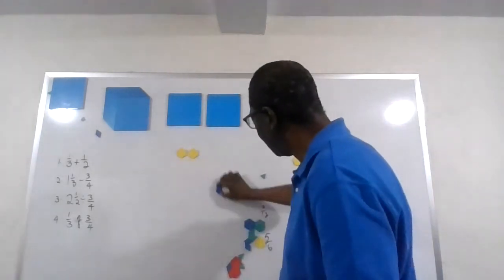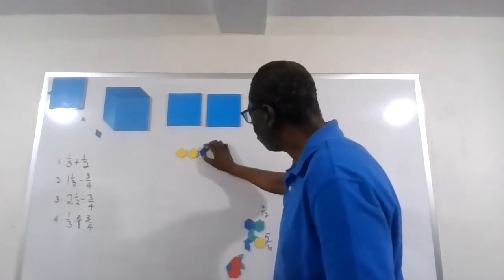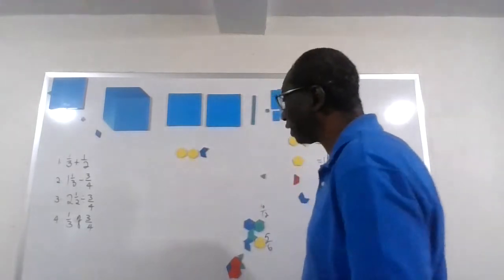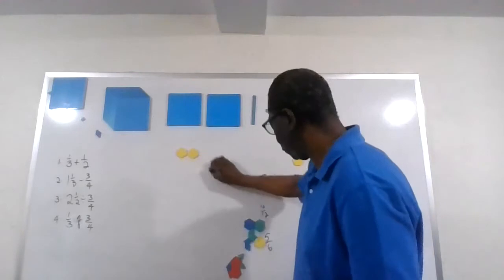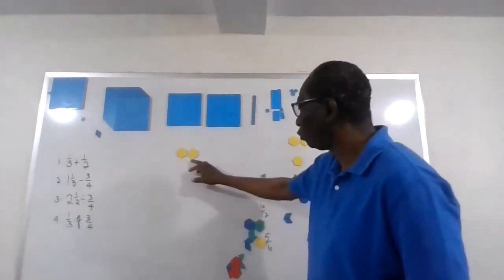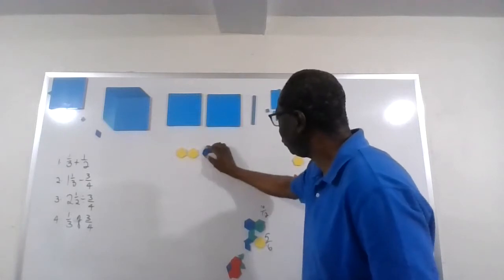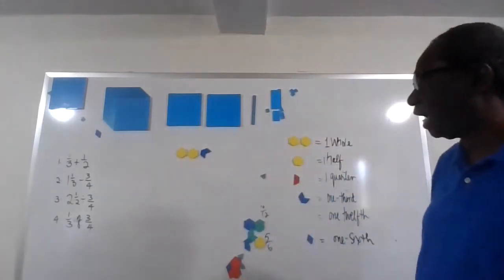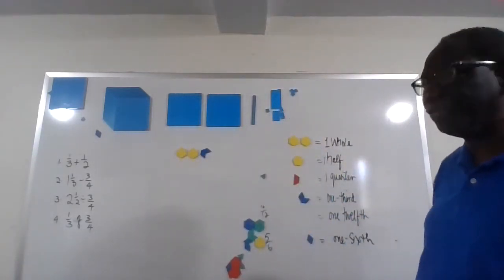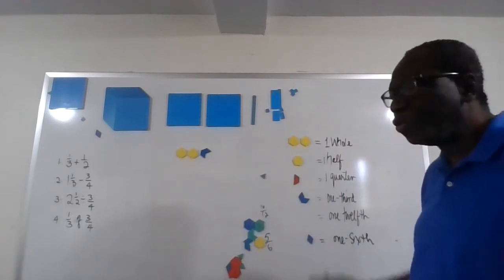So here is my 2 blue rhombi. So when you think about it, that's actually, oh, we're subtracting, sorry, we're subtracting. So here is 1 1/3. That's 1 1/3. And we want to subtract 3/4. In other words, we want to take away 3/4.